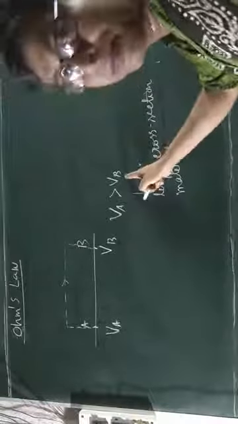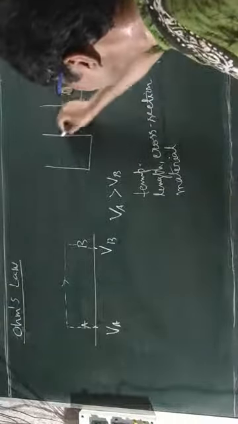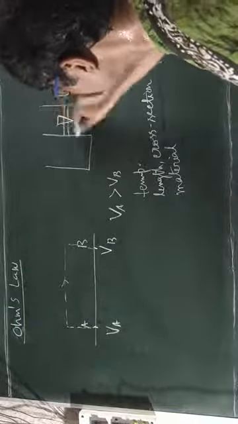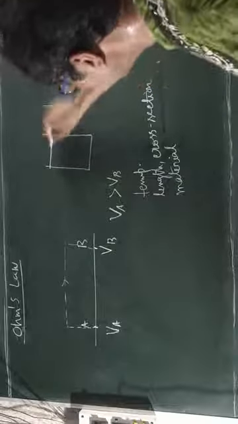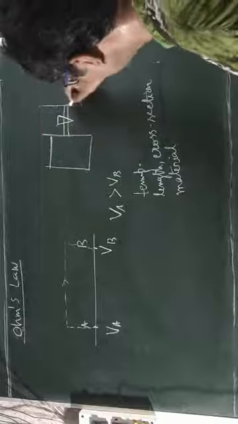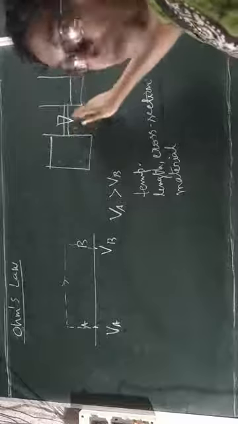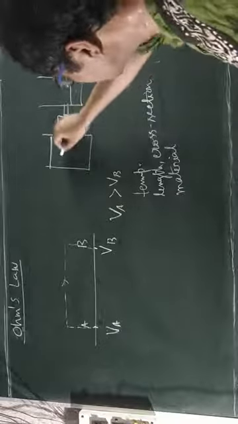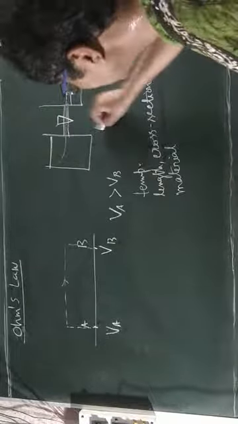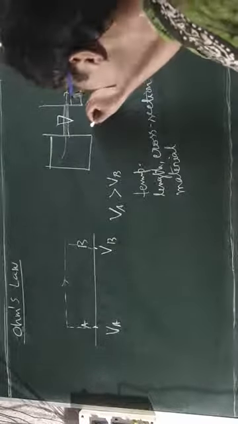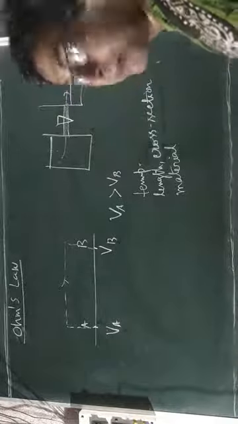Suppose 2 containers are there connected by a connecting tube, and the level of water is higher in this first container and the level is lower in the second container. If we open the connecting tube, then water starts flowing from first container towards second container until the levels of the water become same.